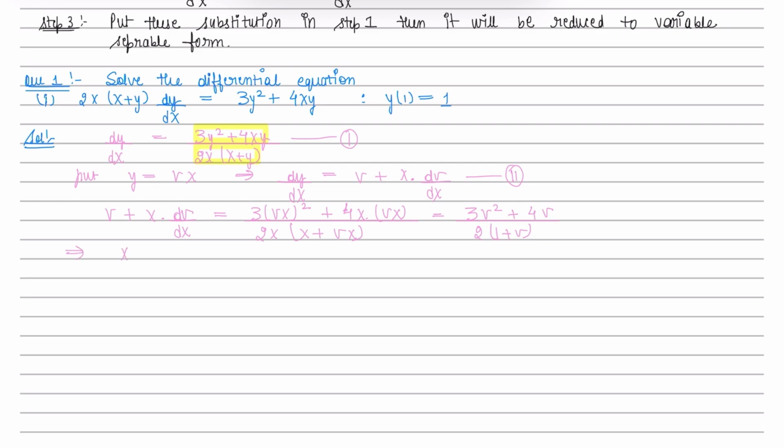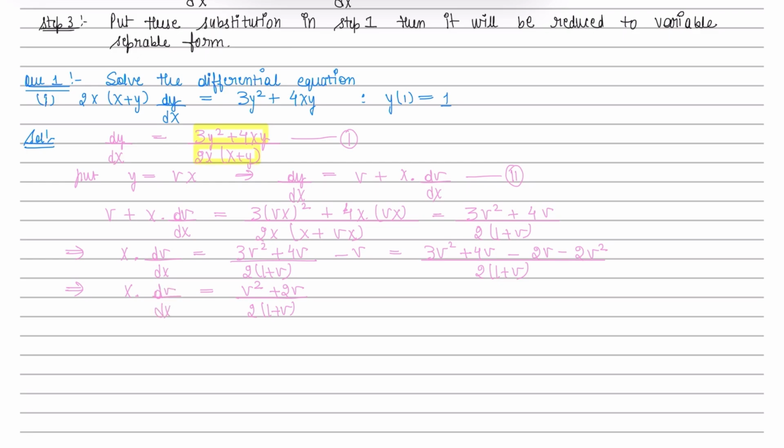Now simplifying again, keeping the x into dv by dx term on left hand side and taking v on right hand side, after taking LCM, and the simplification of the right hand side term be v square plus 2v divided by 2 times 1 plus v, and the left hand side is x into dv by dx.